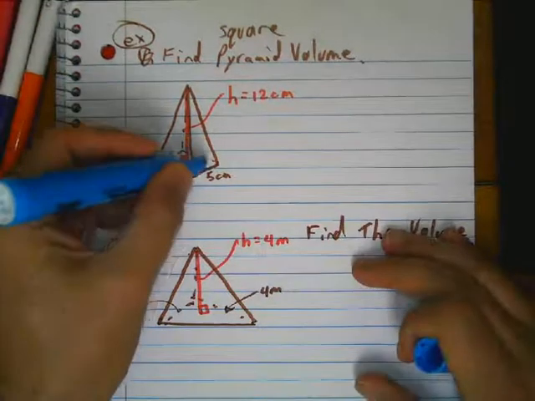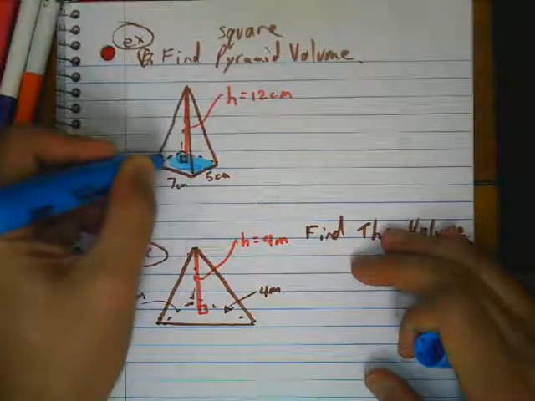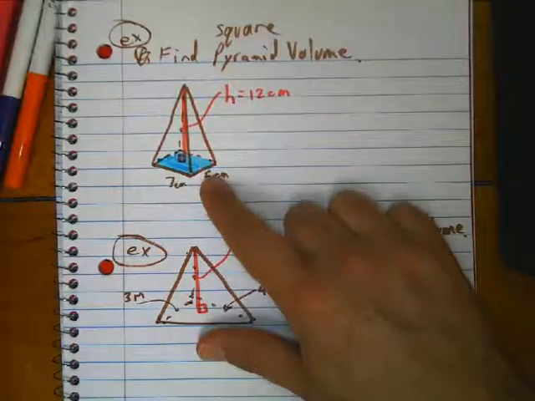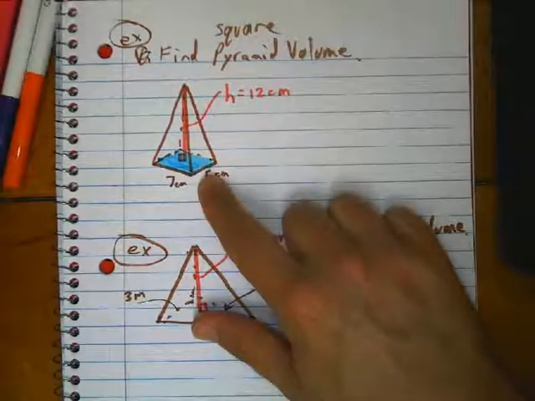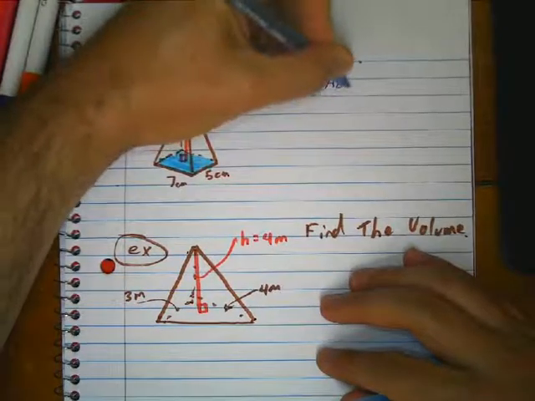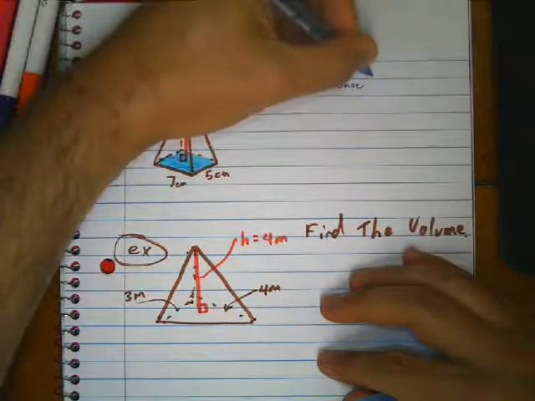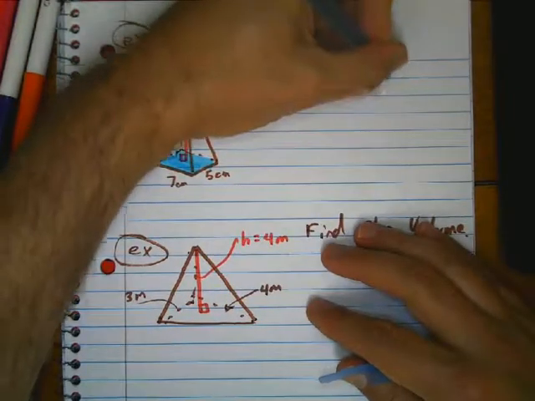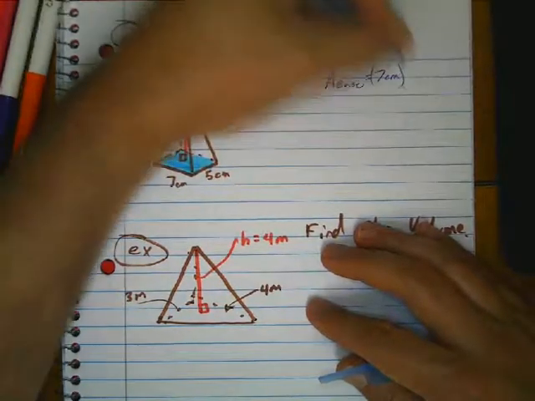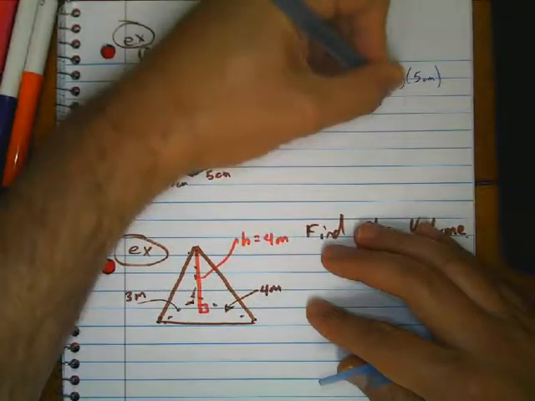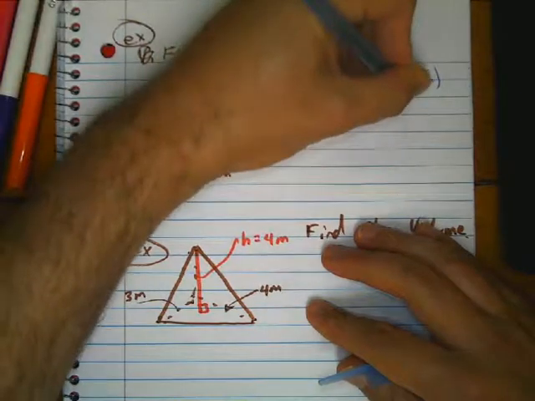Okay, so we need to figure out the area of the square, the base area, which is equal to 7 times 5. 7 centimeters times 5 centimeters is going to give me 35 centimeters squared. That's the area of the base.